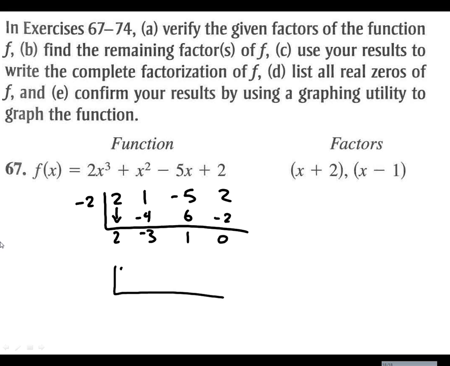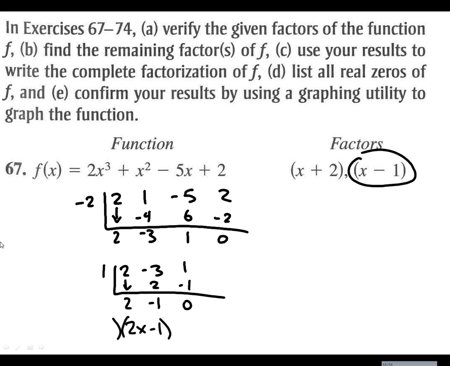And then we'll do it again with our results with our other factor of 1, 2, and 0. And so what this is saying is 2x minus 1 is our last remaining factor after we've divided by x plus 2 and x minus 1. All right, so that is completely factored.